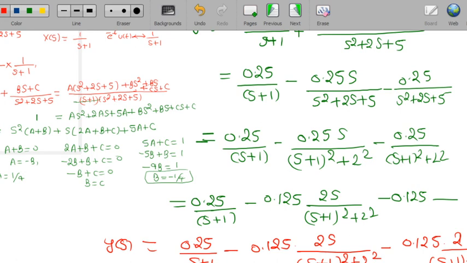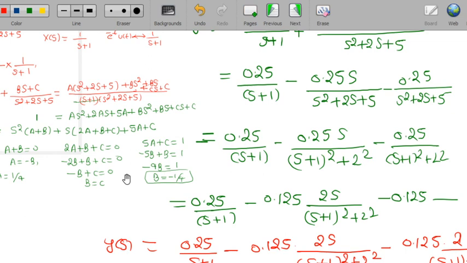Correct. So we take the inverse Laplace, and y of t we get 0.25 e to the power minus t. Here we get 0.125 into 2, and this is the cos 2t into e to the power minus t, and this is 0.125, sin 2t into e to the power minus t.